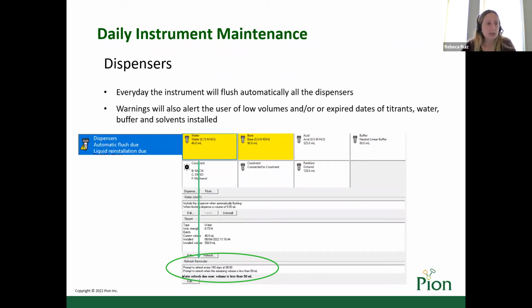By clicking on the highlighted yellow dispensers, in this case the water, the reminders below show why this item is highlighted. So the ISA water is lower than the minimum volume required, that is 50 milliliters, and the bottle needs to be refilled.